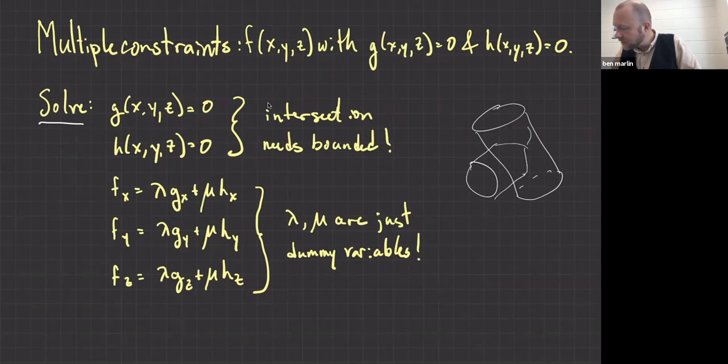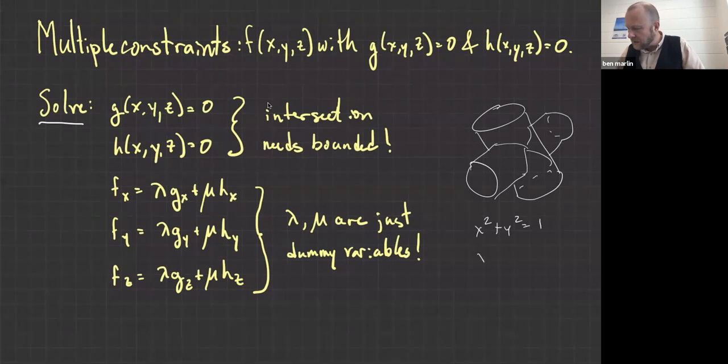But the intersection of 2 cylinders, and sorry that it's kind of primitive looking there, is going to end up looking somewhat like that. The cylinders themselves, you can write an equation for super easily. x squared plus y squared equals 1 maybe, and maybe the other one is x squared plus z squared equals 1.